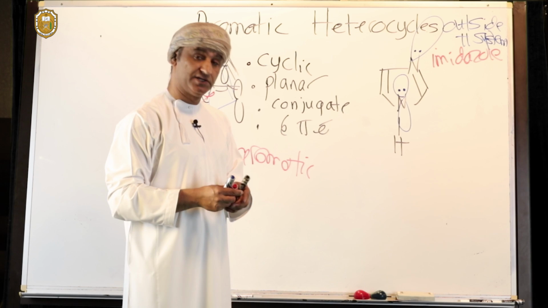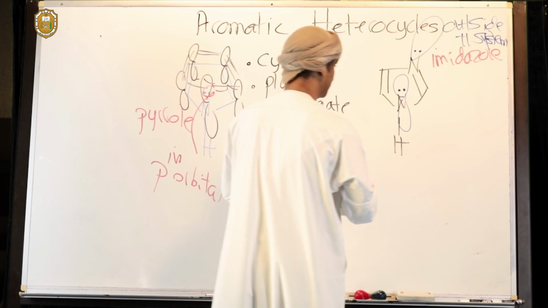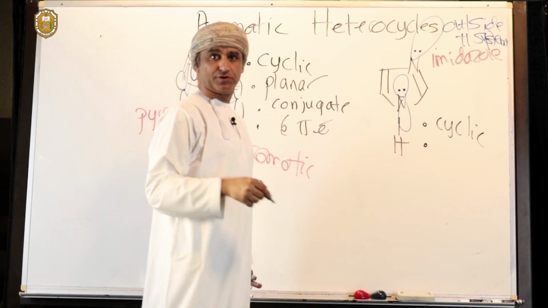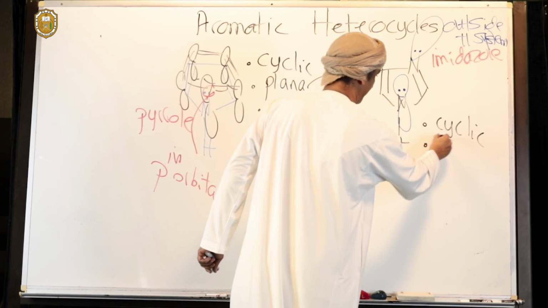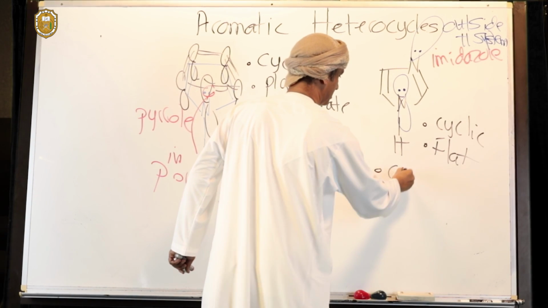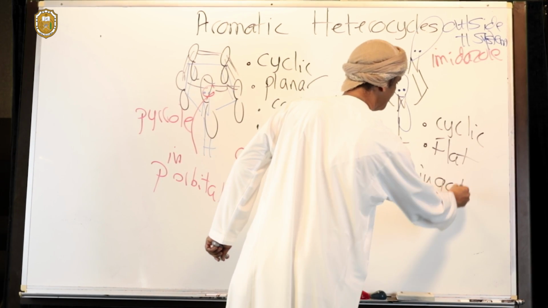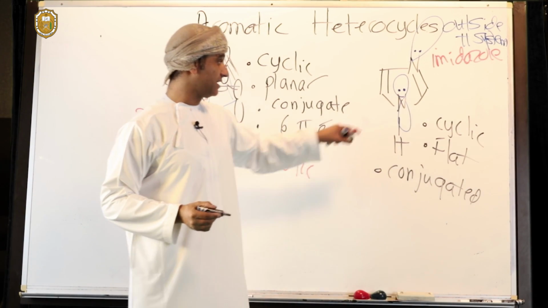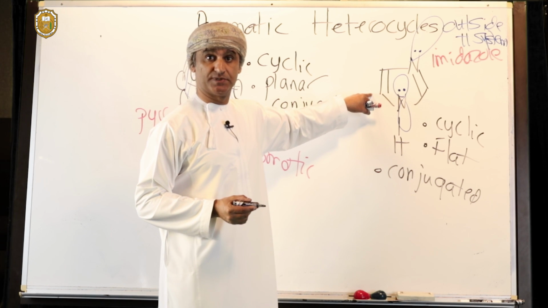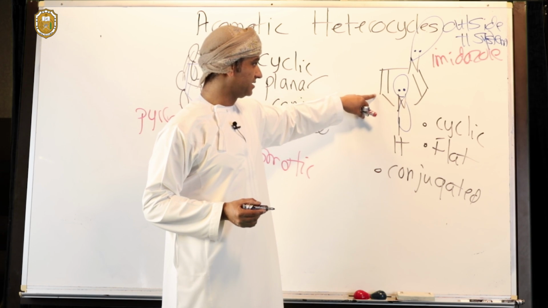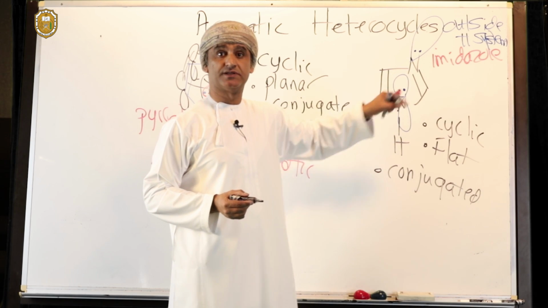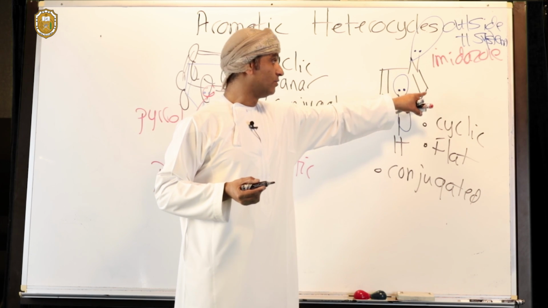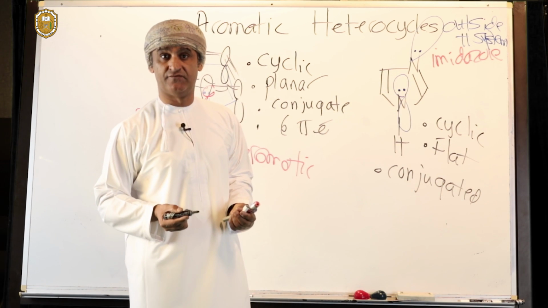So is imidazole cyclic? Of course it is cyclic. Is it flat or planar? Yes, it is flat. Now, is it conjugated? That's a very important question. Since that lone pair is located in a p orbital, there is a p orbital here. There is also a p orbital on all other atoms, such as these 2 carbons, because they are doubly bonded with nearby atoms. This nitrogen, since it has a double bond with this carbon, must have a p orbital.